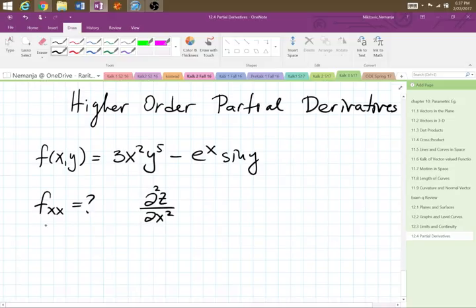So to obtain the second partial derivative, you have to obtain the first one first, which is dz/dx, and that would be 6xy to the 5 minus e to the x sine y.